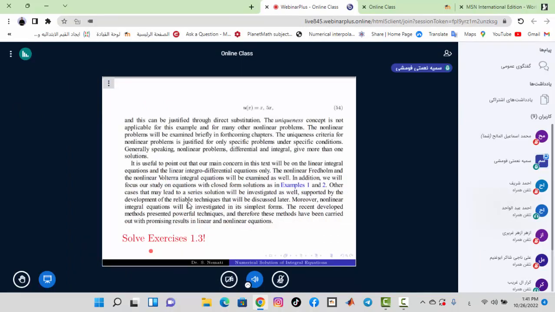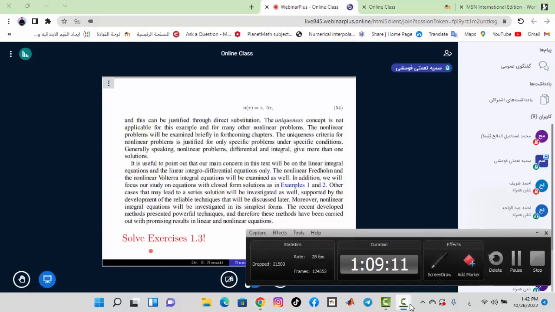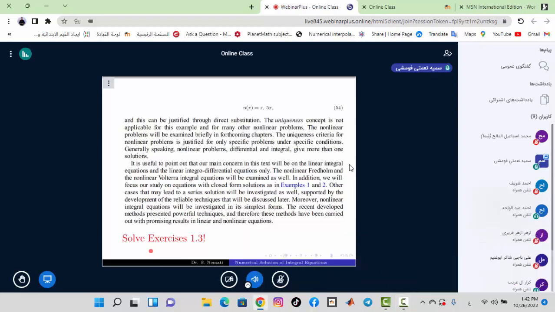You can see that in part 1.2, you have to recognize the properties of the integral equation, whether it is Fredholm type or Volterra type, second kind or first kind, homogeneous or non-homogeneous. And in the exercises of part 1.3, you have to check whether a given function is a solution of the integral equation or not. If there is any question, you can ask.